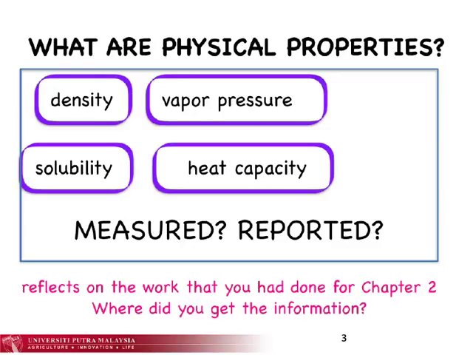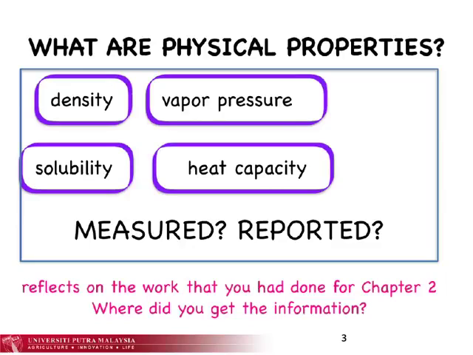The typical physical properties that engineers are interested in include density, vapor pressure, solubility, and heat capacity. Usually, these physical properties can be measured.